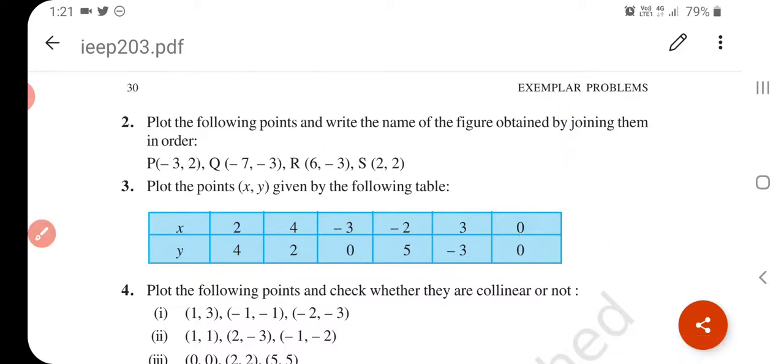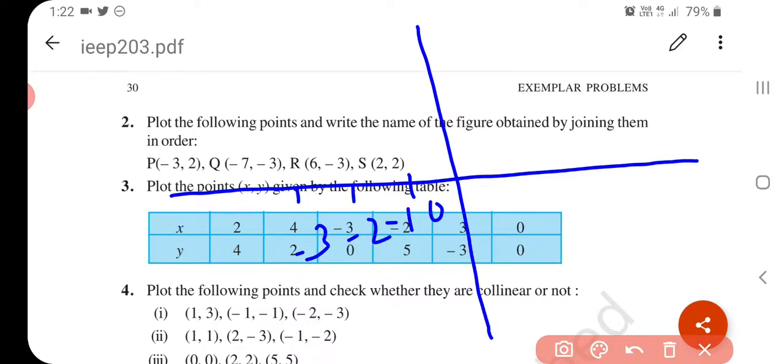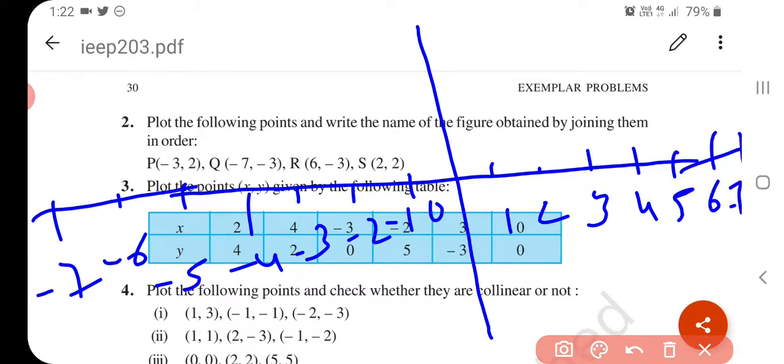Let's draw again. This is our origin. This is -1, -2, -3, -5, -6, -7, and 1, 2, 3, 4, 5, 6, 7.